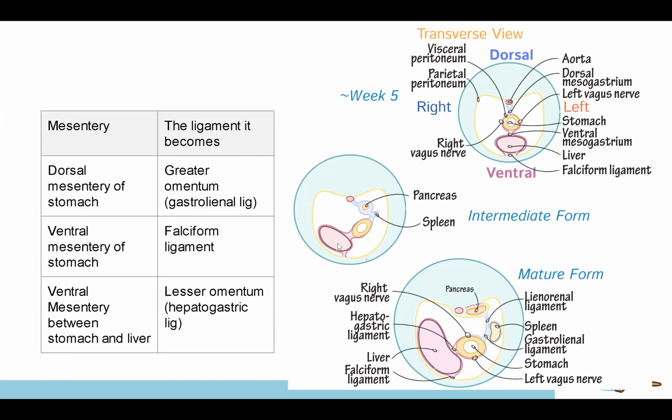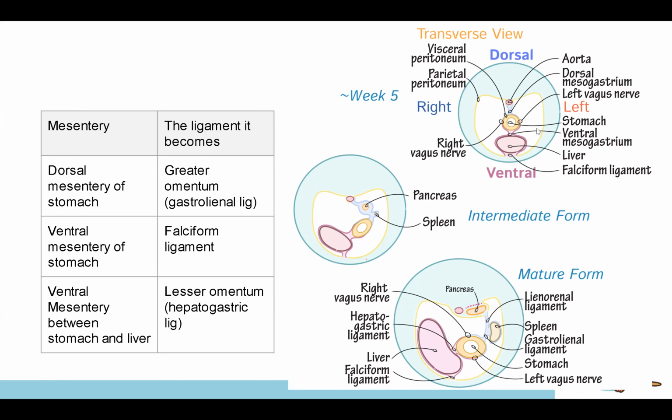You can see here, it's actually moved over to the left, and because it's connected to the stomach, and the spleen and the pancreas actually develop in the dorsal mesogastrium, it shifts over all the other organs with it. It brings them over, okay? So that's why the stomach starts shifting a little bit, and the spleen, because of how the liver is moving, it wants to move towards the left, okay? So that's why we end up with the spleen here. Okay, so that's kind of important to know as well. It's not that high yield, but it makes sense as to why everything is actually placed where it is.